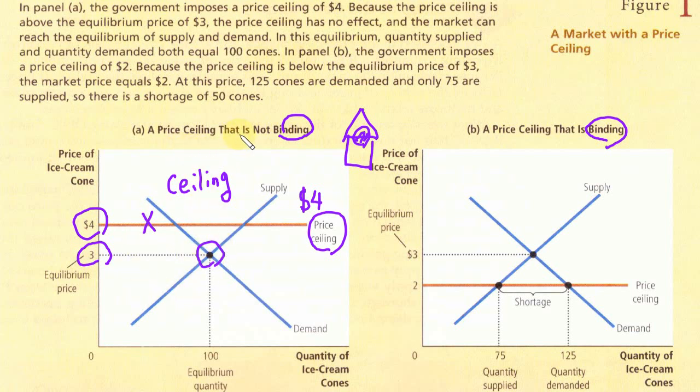In this case we call it not binding. This is not binding.